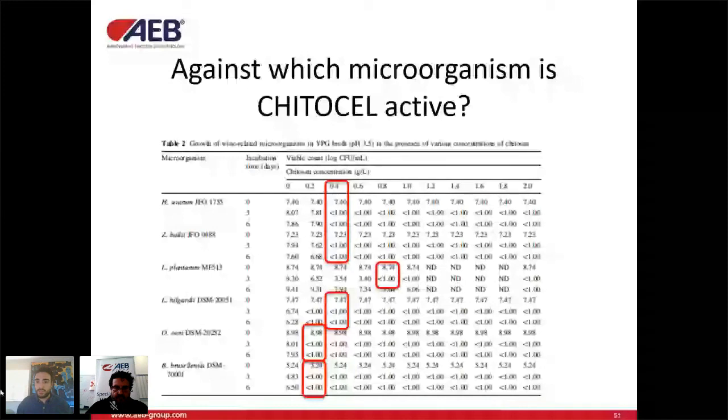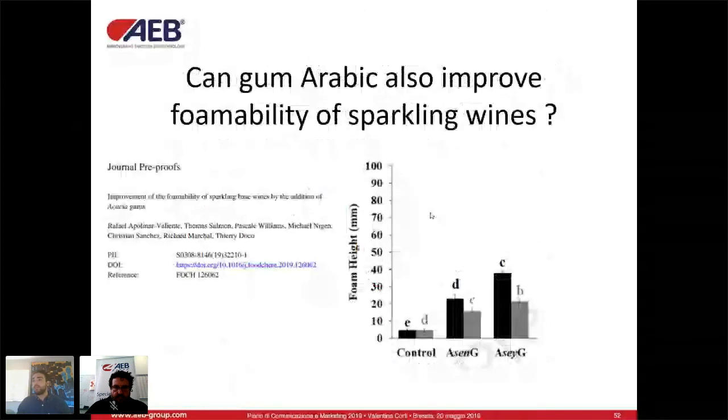The last question I prepared is, can gum arabic also improve the foamability of sparkling wine? I want to show you this study, which has been published in the Journal of Food Chemistry. Gum arabic has been shown to improve the foamability, so the height of the foam, but also the stability of the foam.